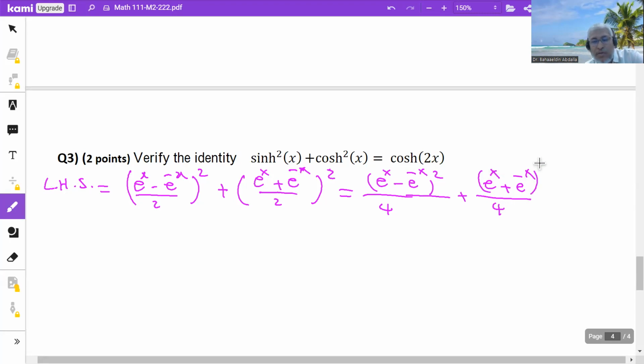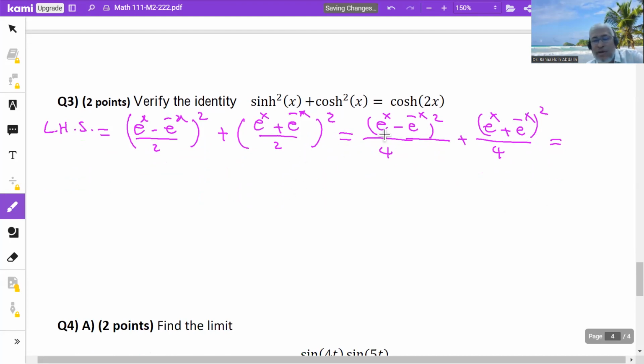And I will raise this to the power 2. When you expand the polynomial, you get 3 terms. The square of the first term, the square of e to the power x is e to the power 2x, and then you multiply 2 times x.